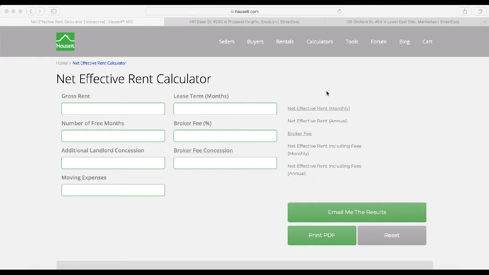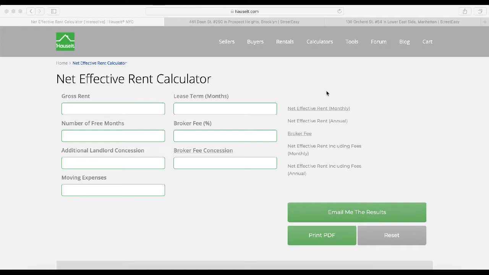It may be helpful for us just to go over quickly, the gross rent is what your actual rent will be on the lease contract. So if the gross rent is $8,500 a month, you will be paying $8,500 a month for the months where you have to pay the rent. Now, the reason why net effective rent is lower than gross rent is because usually landlords offer, say, a month free or half a month free or something whereby you don't pay for a particular month or some period of time.